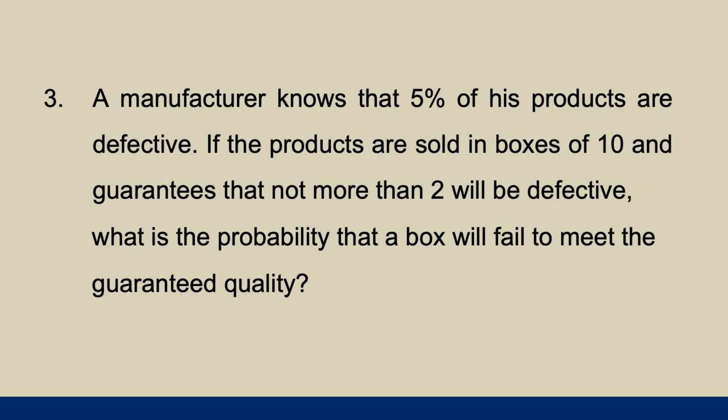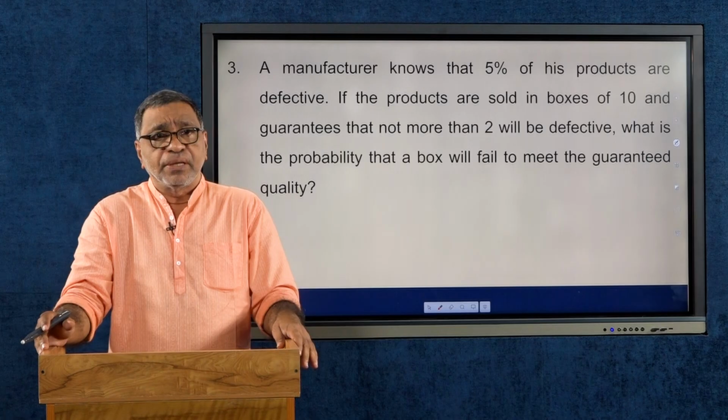If the products are sold in boxes of 10 and he guarantees that not more than 2 will be defective, what is the probability that a box will fail to meet the guaranteed quality? So this is a problem.